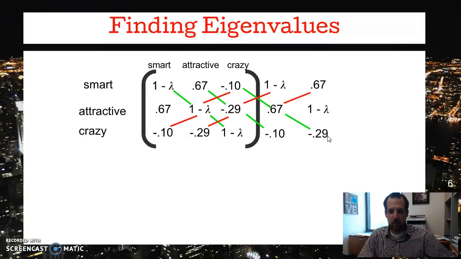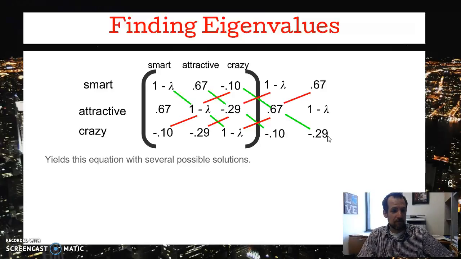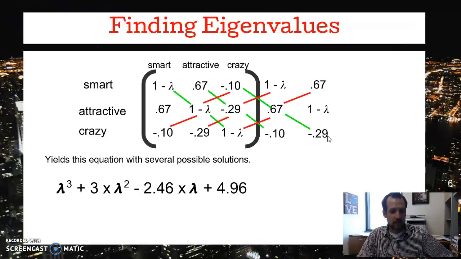And then you see why we had to put the rows outside of the matrix. 0.67 times 0.67 times 1 minus lambda. This creates a pretty complicated equation. But when you factor it out, it looks kind of like this. And so what you would do is solve this equation for 0 to help us find what that lambda is.